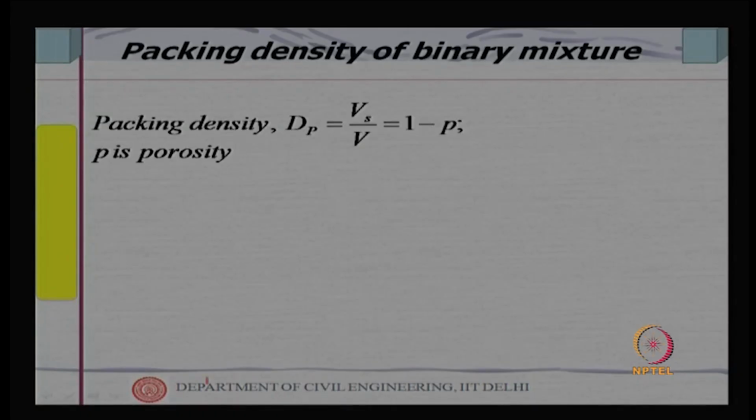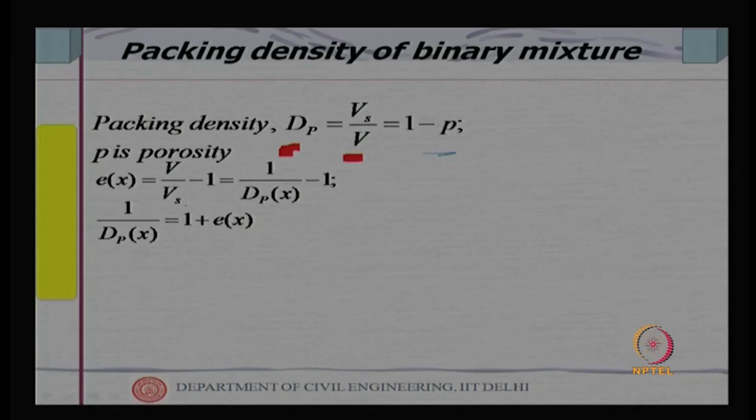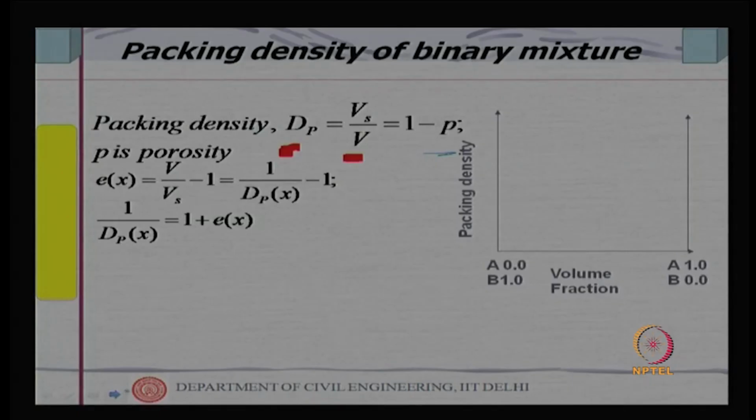If I calculate the packing density of the binary mixture, let me call it dP, and I have defined it like this, which is 1 minus P, then Ex is V divided by Vs minus 1. So, this is nothing but 1 by packing density, dpx, minus 1. In other words, I can write 1 by dpx is equal to 1 plus Ex, right, and this graph will now look like this.